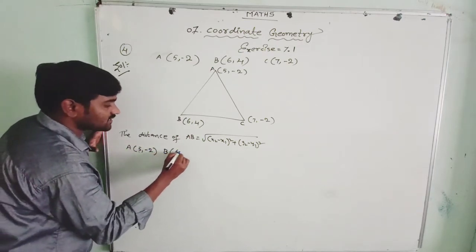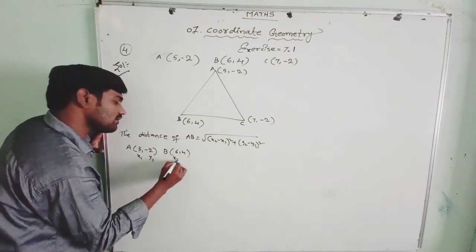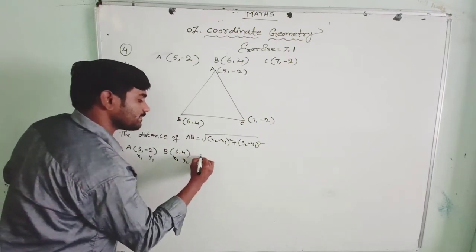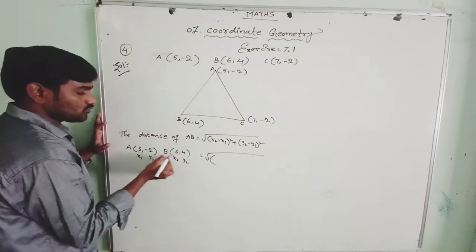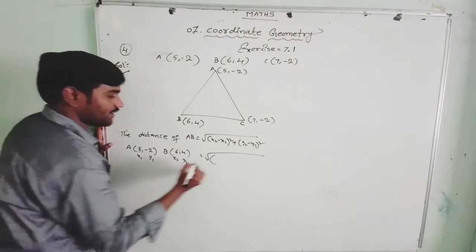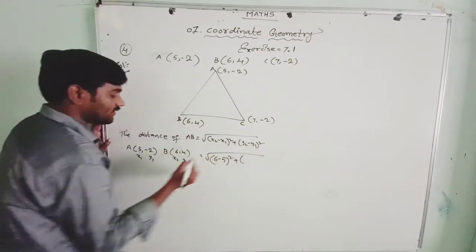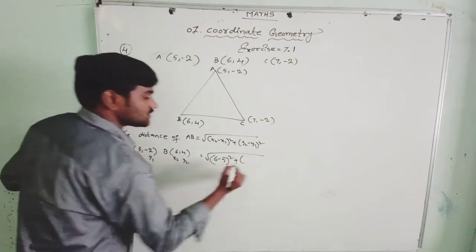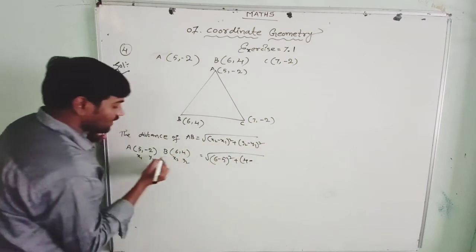B point is 6 comma 4. Distance AB equals under root of (x2 minus x1) whole square plus (y2 minus y1) whole square. Here x2 minus x1 is 6 minus 5, whole square, plus y2 minus y1, 4 minus (minus 2).